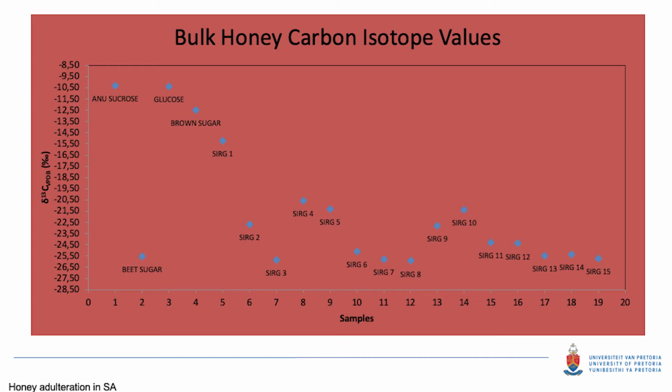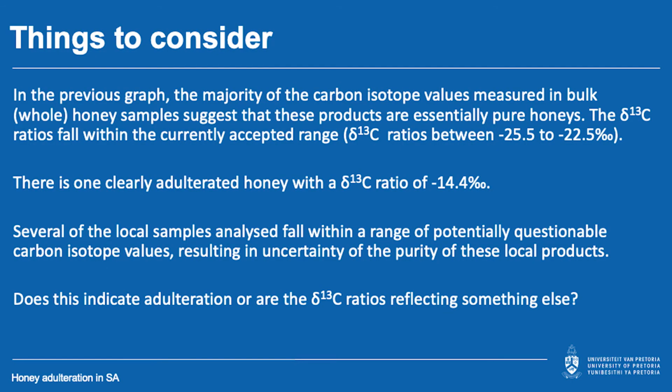Right, just to summarize there. I just want to reiterate that we measured bulk or whole honey, and the majority of the samples that we looked at showed that they are accepted and can be considered as pure honeys. The one that stood out clearly was SURGE number 1 with a value of minus 14.4, and this particular honey was very, very definitely an adulterated one.